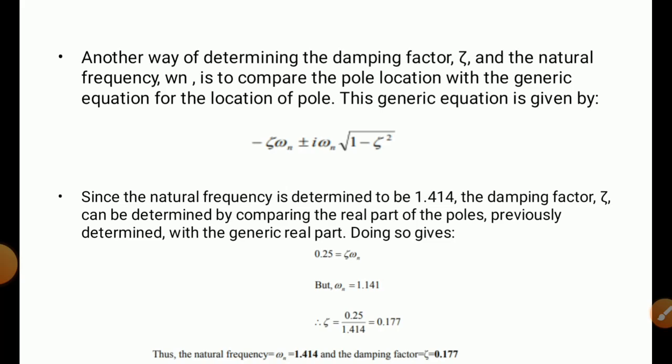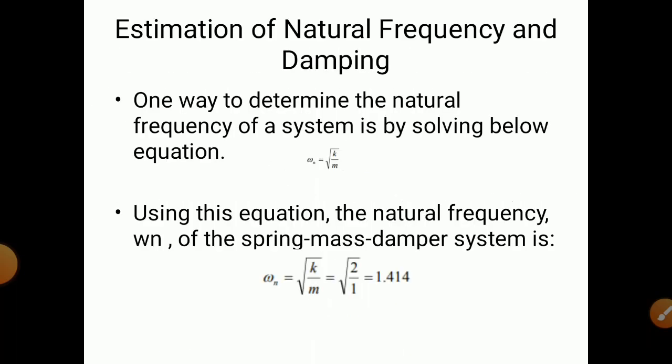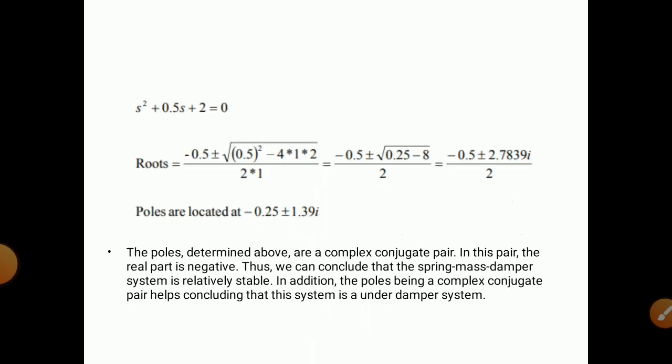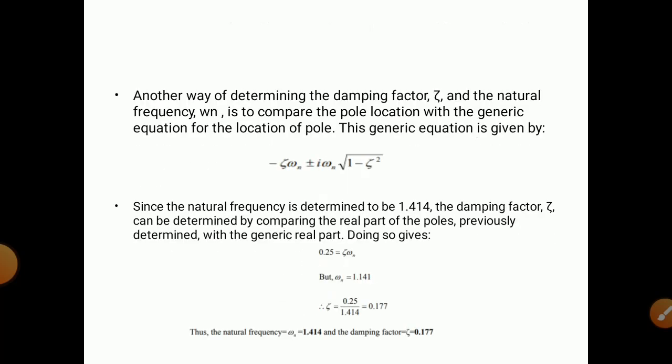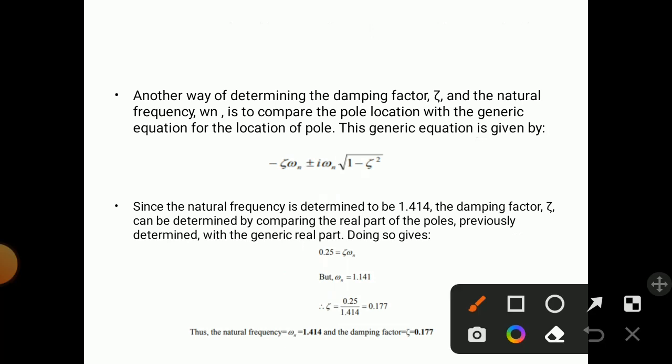So previously we have determined our equation. What is our previous equation? The previous equation is nothing but minus 0.25 plus or minus 1.39 i. So you compare these terms now.